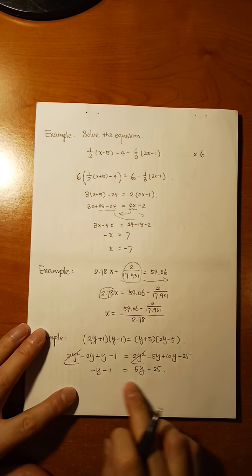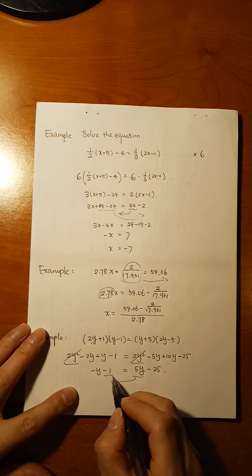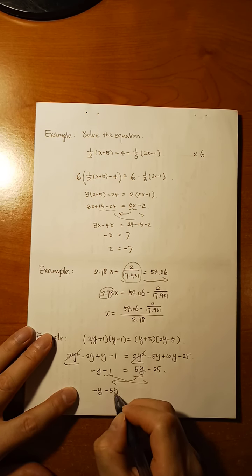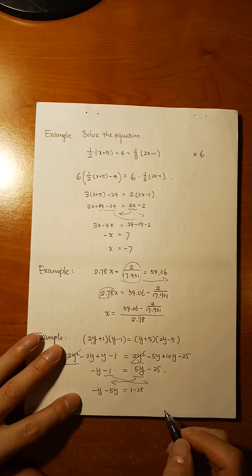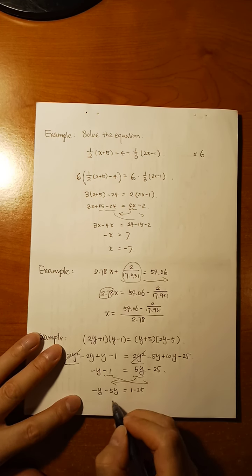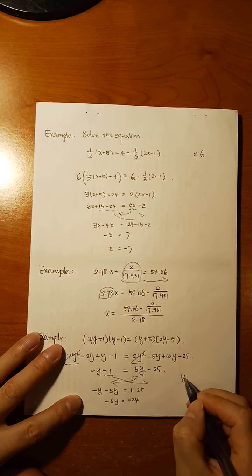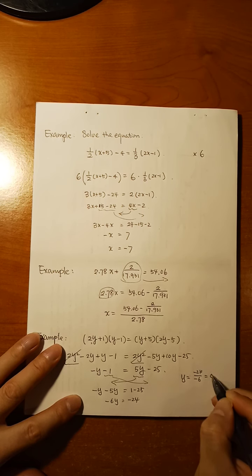Now this is a linear equation. You move 5y to the left side, negative 1 to the right side. So negative y minus 5y is negative 6y. Here it is 1 minus 25, so this is negative 24. So y is negative 24 over negative 6, which is equal to 4.